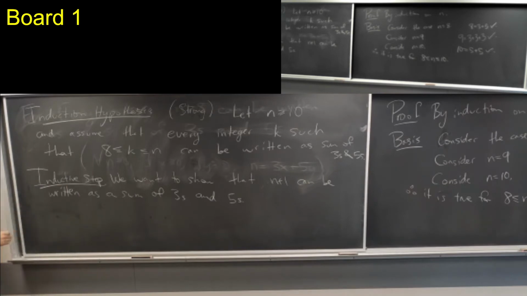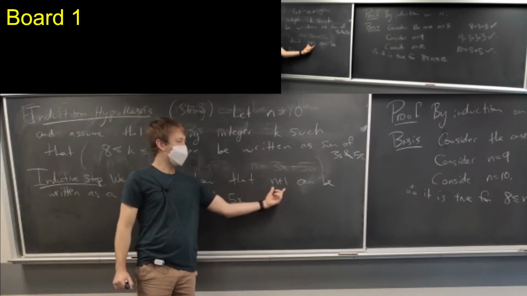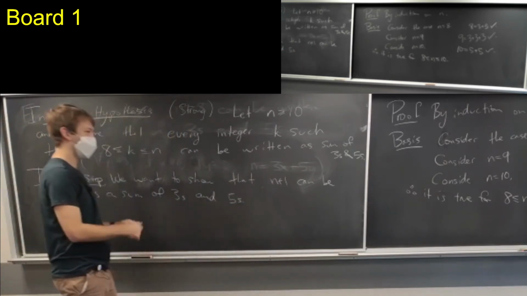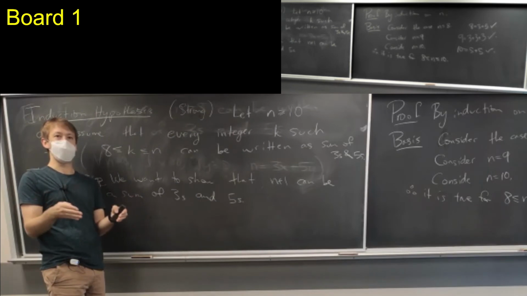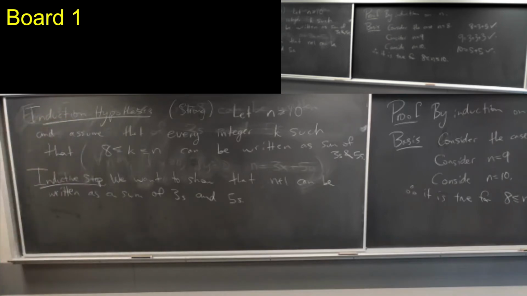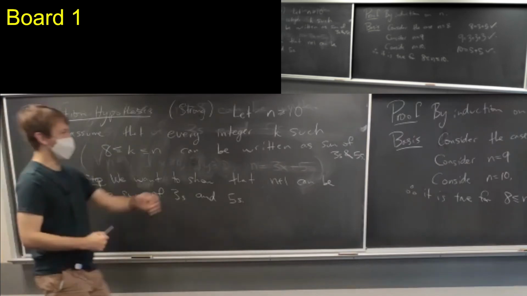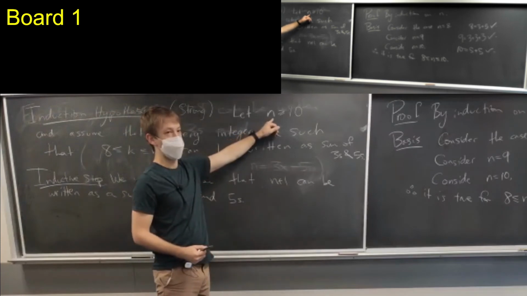So, okay. One thing is, how do I know that n minus 2 can be written as a sum of 3's and 5's? How do I know that that's actually true? That is a bit of an issue. Well, in our assumption, we have n at least 10, so n minus 2 is at least 8.